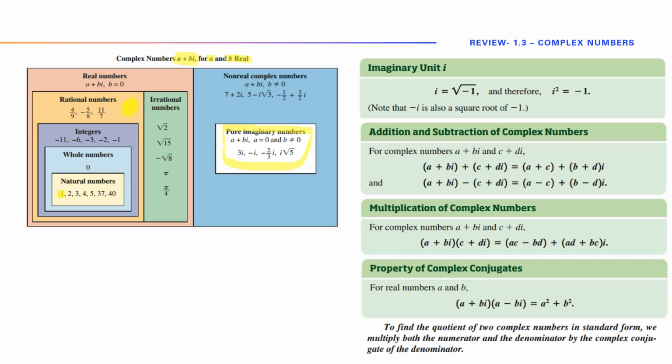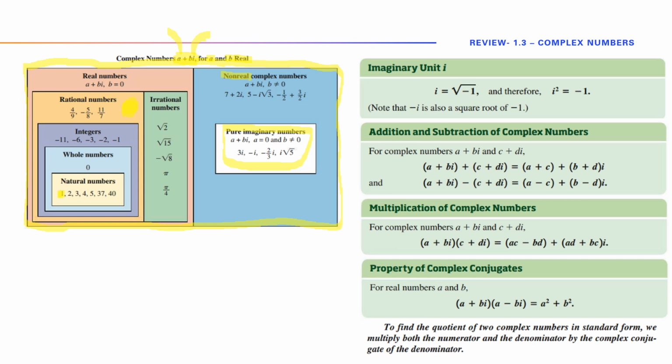The complex numbers include both sets, real numbers and non-real numbers. The non-real numbers, for ease, we can call imaginary numbers. So a is the real part, and bi is the imaginary part.